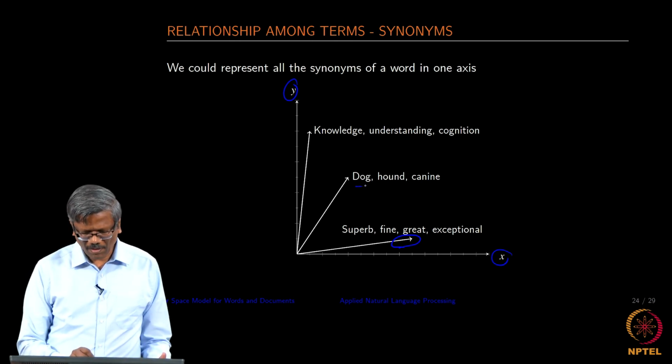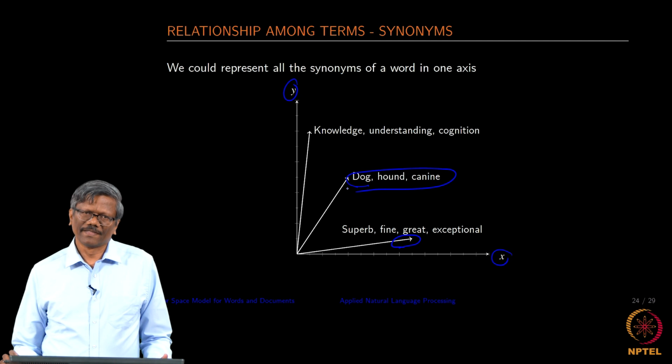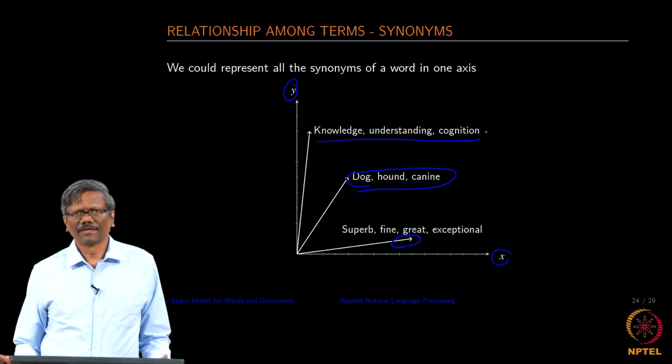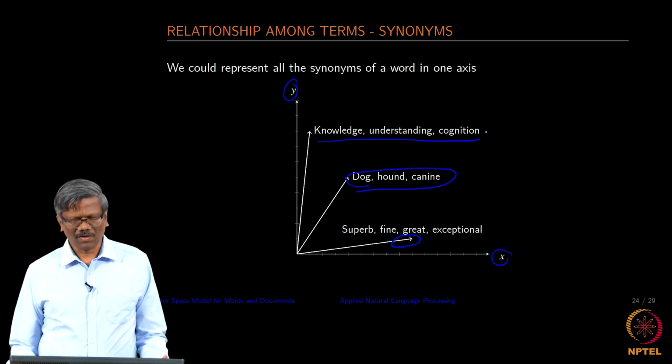And then we know that dog, hound and canine, they are all the same, right. So, they should be represented in the same axis. And then if you look at knowledge, cognizant, they should be represented in the same axis. So, how do we do that?